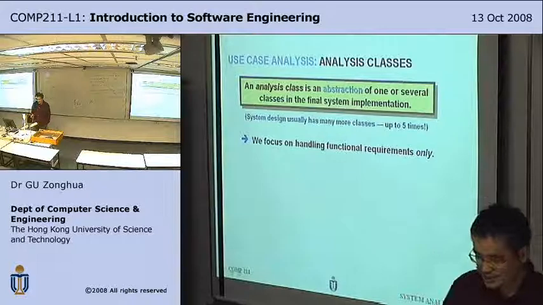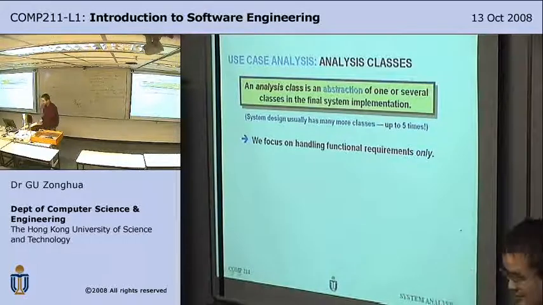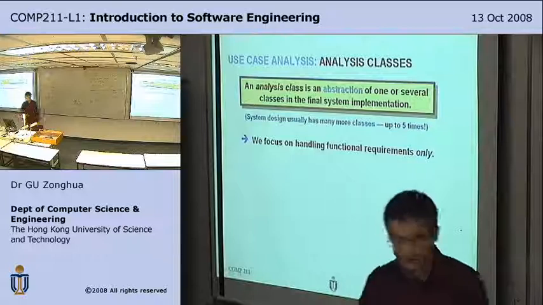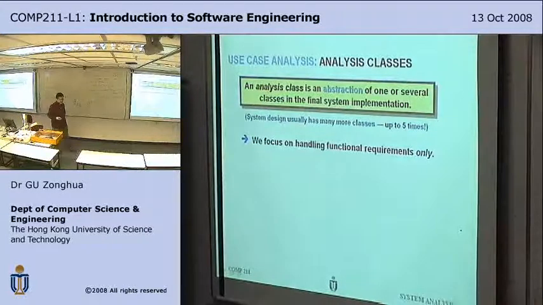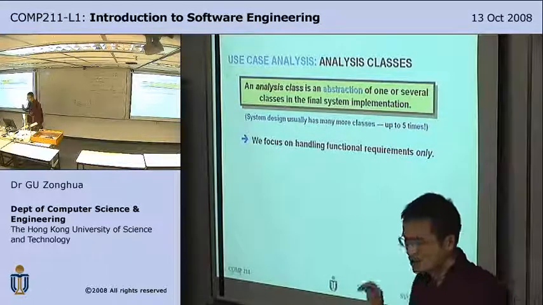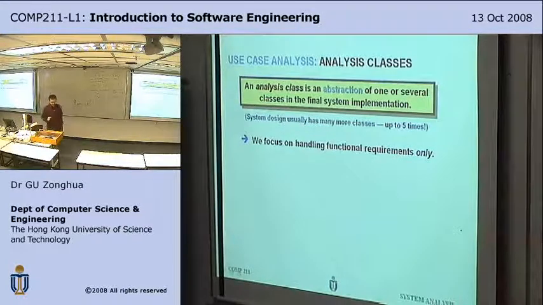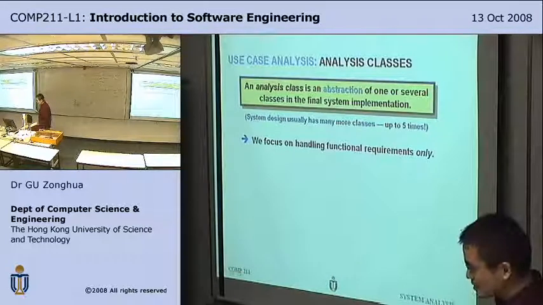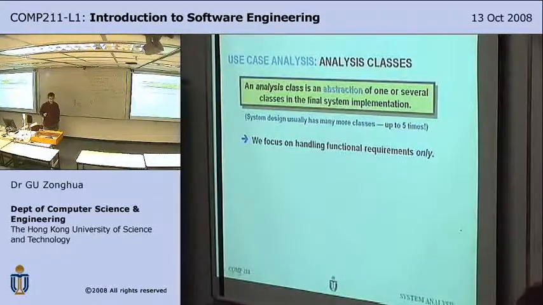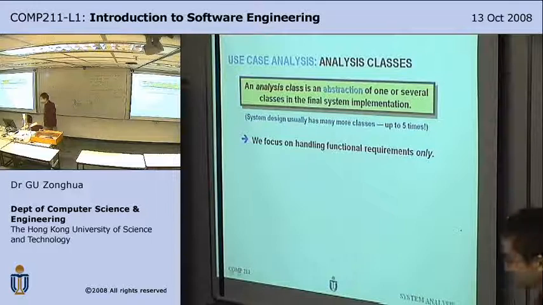It's an abstraction of one or more classes in the final implementation. So in the implementation, if you're using Java or C++, you have many classes. But here we're talking about analysis classes. They're not implementation classes. One analysis class can turn into many design classes and eventually into many more implementation classes.